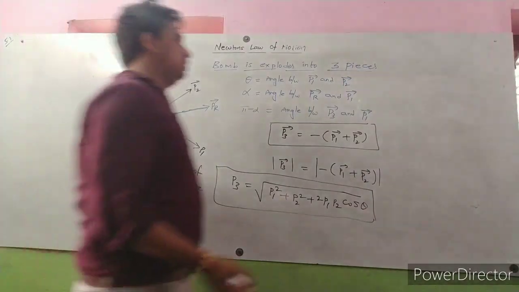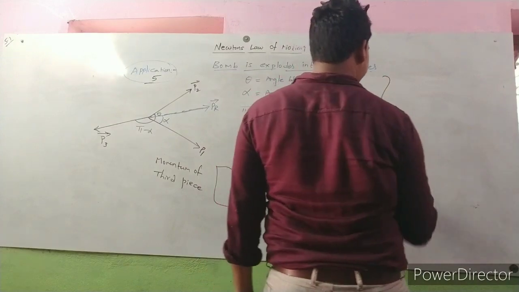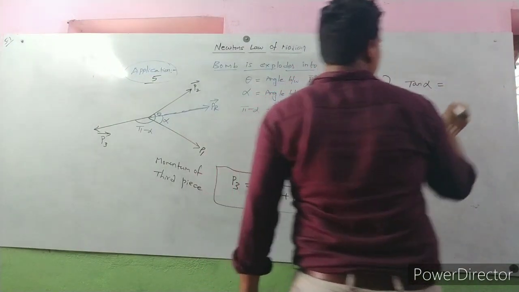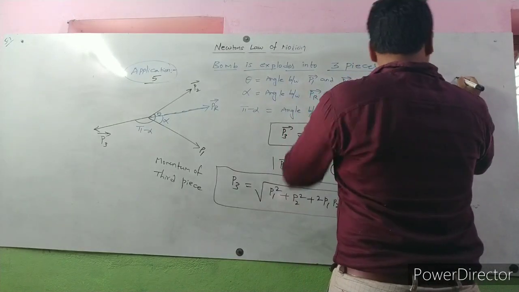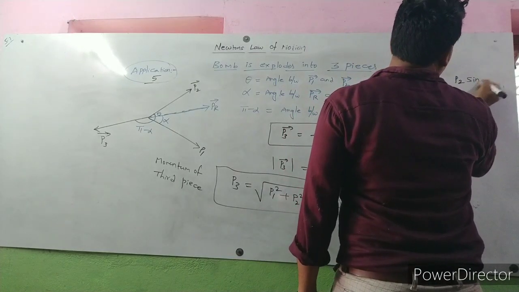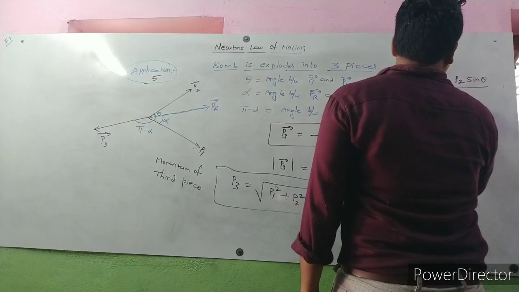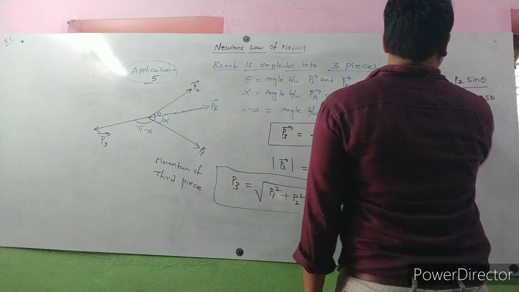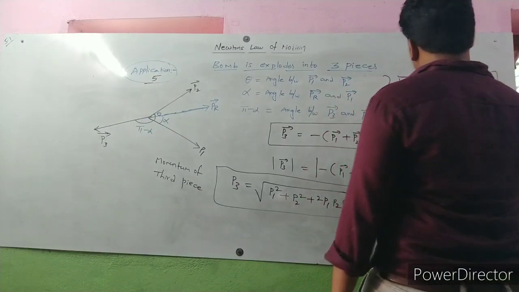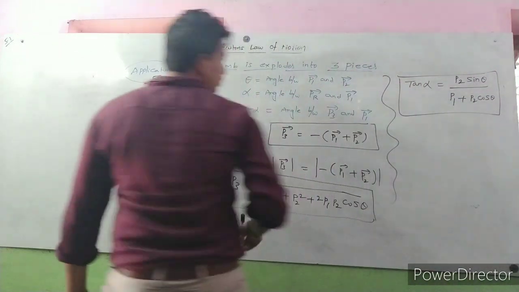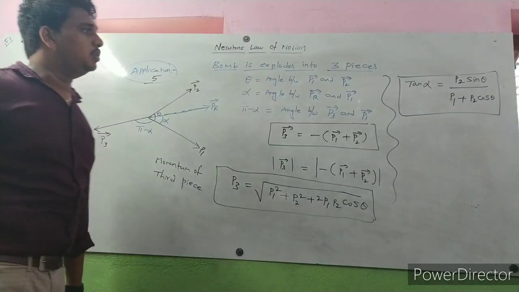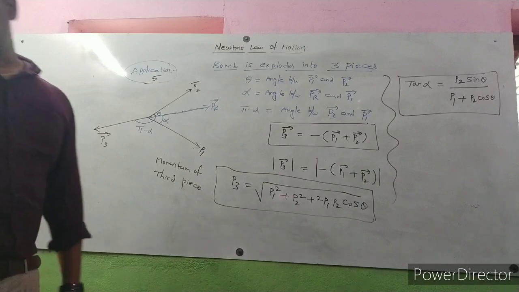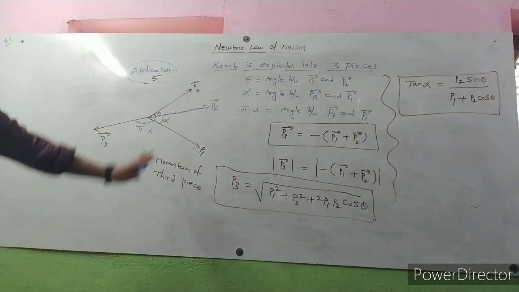Here alpha is the direction: tan alpha is equal to P2 sin theta by P1 plus P2 cos theta. This is very important.